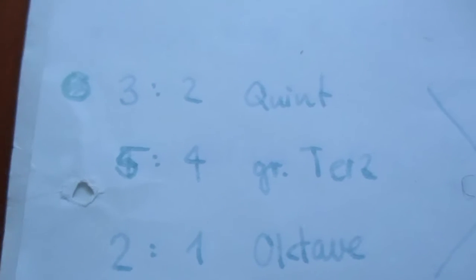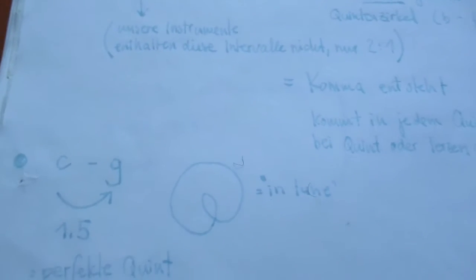So our instruments just contain these intervals, 2 to 1, not these ones. 3 to 2, 5 to 4, and the 2 to 1 as well. That's, yeah, maybe every instrument is different.